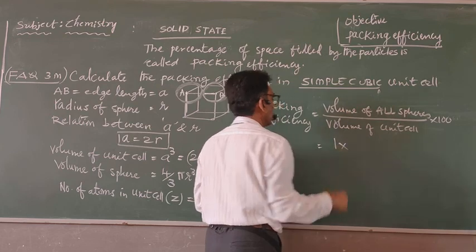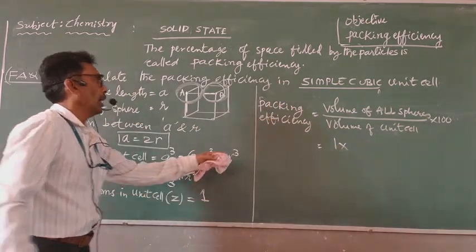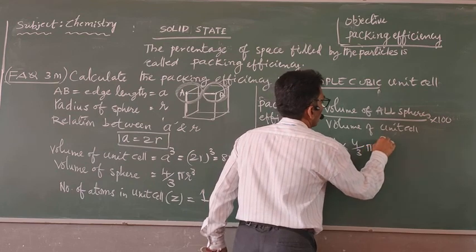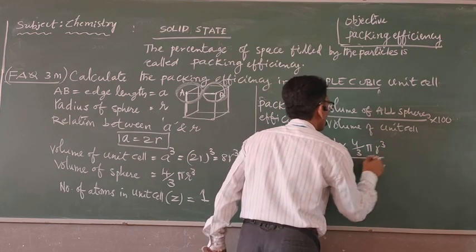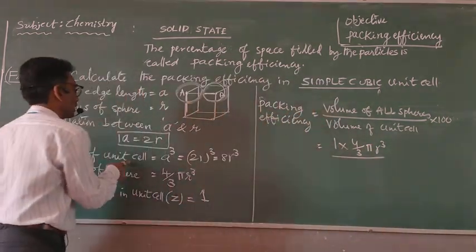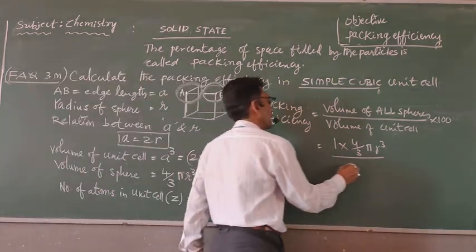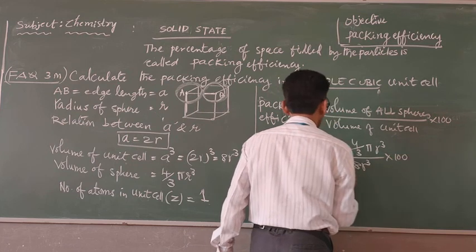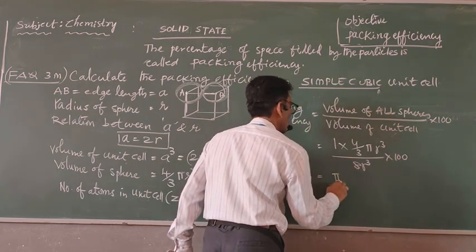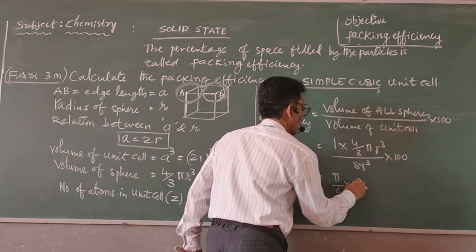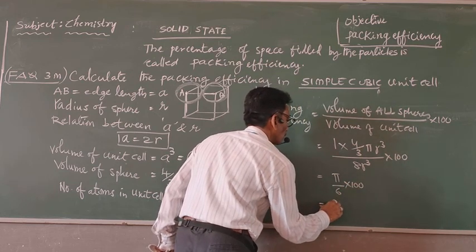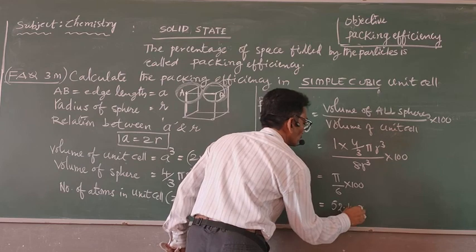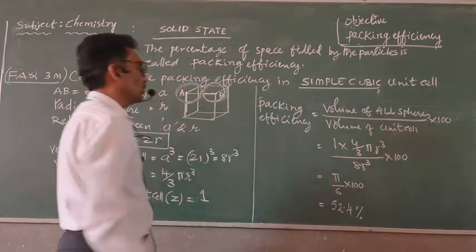There is one particle, so the volume is 4/3 pi r cube divided by the volume of unit cell, which is a cube, that is 8r cube, into 100. After simplification it is pi/6 into 100, that is equal to 52.4. This is the answer you have to follow.